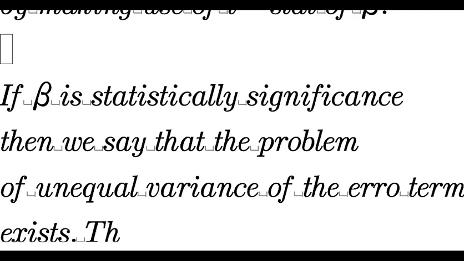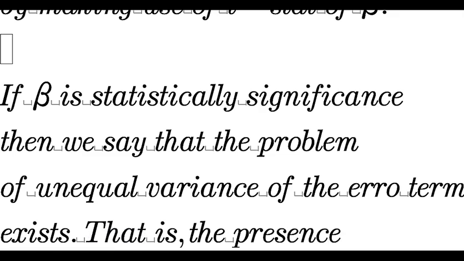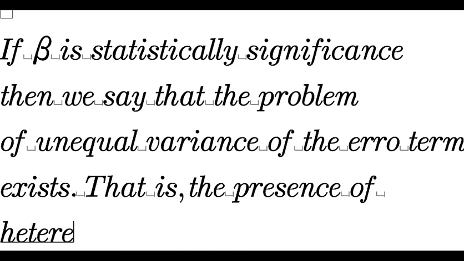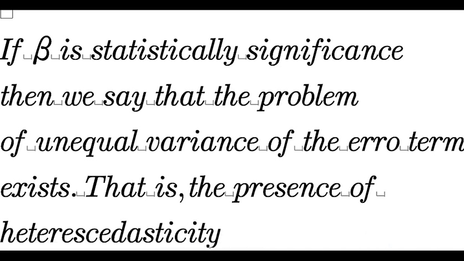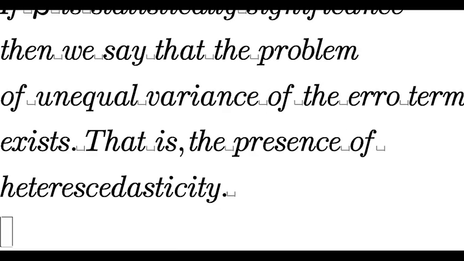That is the presence of heteroscedasticity. Conversely, like we have said before, if beta turns out to be statistically significant, there is a problem of heteroscedasticity in the error term or in the model.